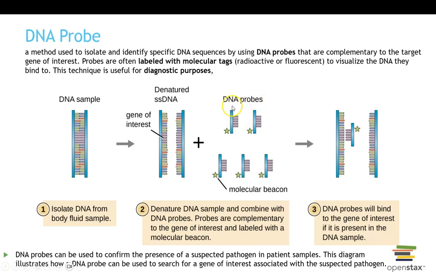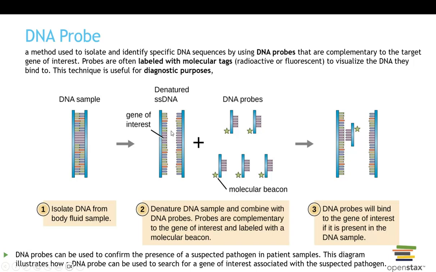So they purchase that DNA probe, which is labeled with radioactivity, but usually they use fluorescence, which is much safer. If this DNA probe matches or is complementary to the sequence of that bacterium, it's going to attach to it.